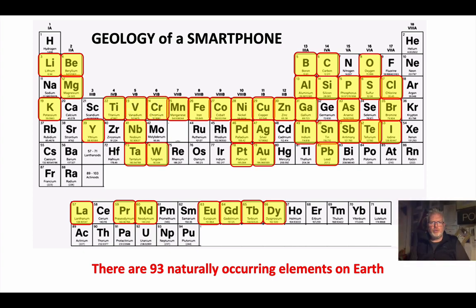You can see from your own diagrams, that's an awful lot. Over half of the periodic table, half of the total elements that there are, used to make a smartphone.